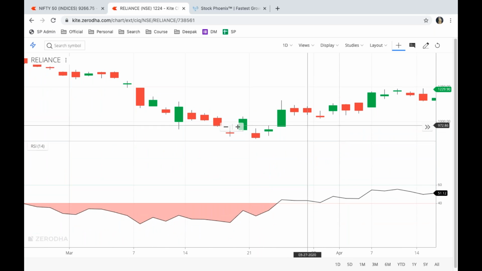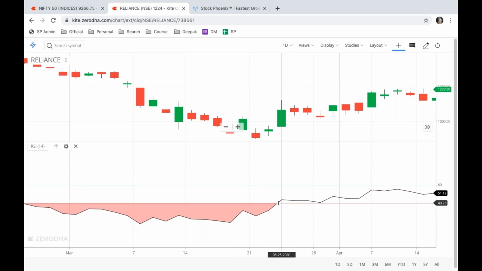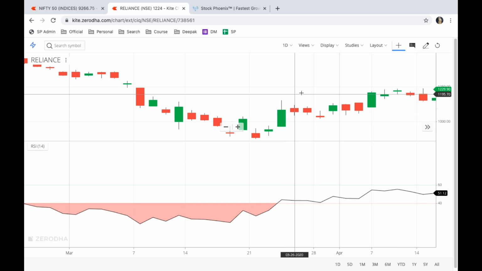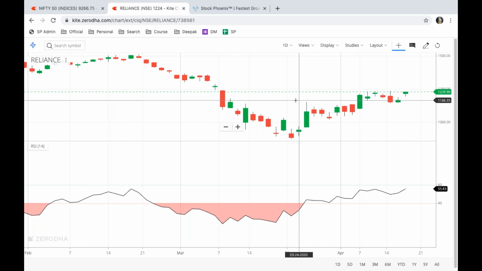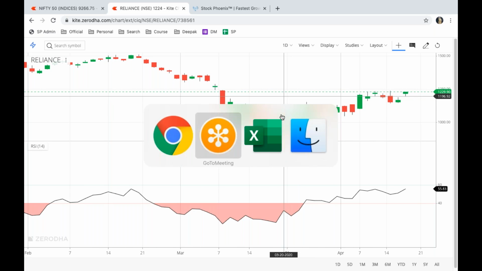So let's see here. You can see there is an RSI crossing 40 levels. If you might have taken your positions on this particular day at 1001 or 1101, it went till 1200. So mainly this will be used for trade from bottom setup.